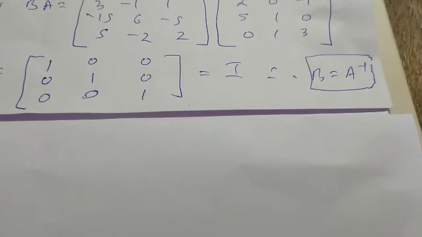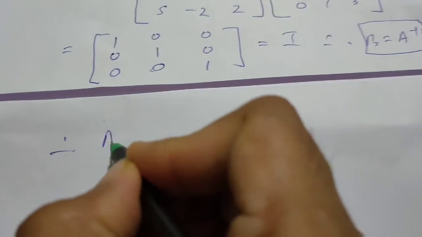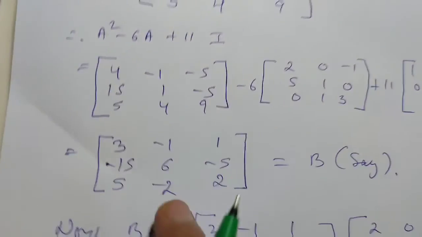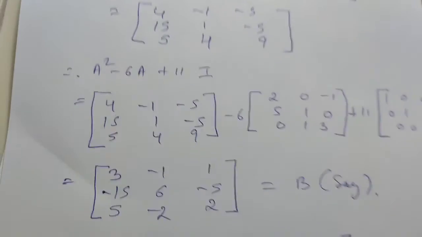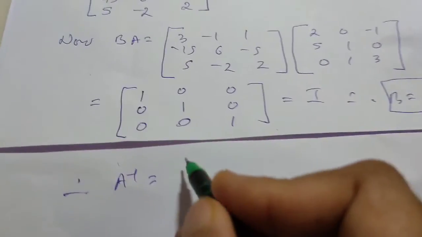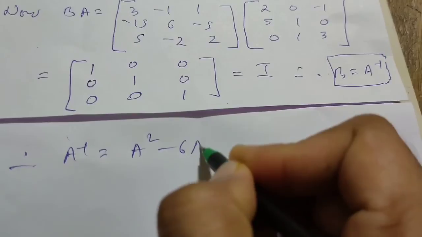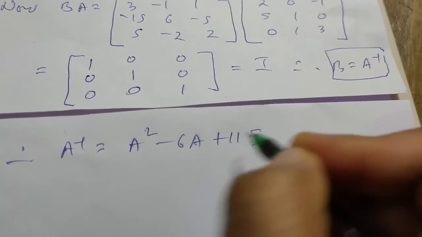So what we have got is B equal to A inverse. Therefore, A inverse equals, but what is the value of B? B here we have taken as A square minus 6A plus 11I. Therefore, A inverse equals A square minus 6A plus 11I.